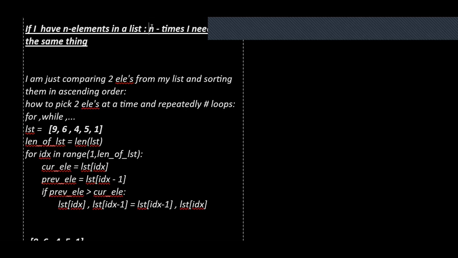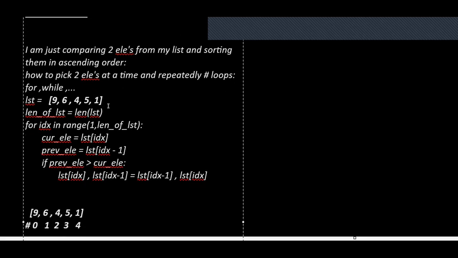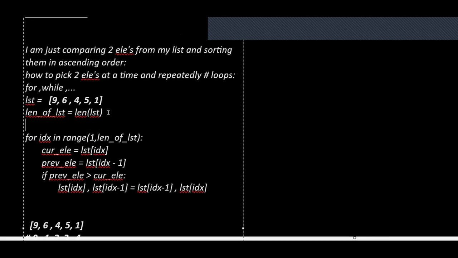If I want to sort n items, then what do I need to do? I need to perform the same thing n times. So let us see the same thing. To perform the same operation n times, let us say OPR in range of length of list.